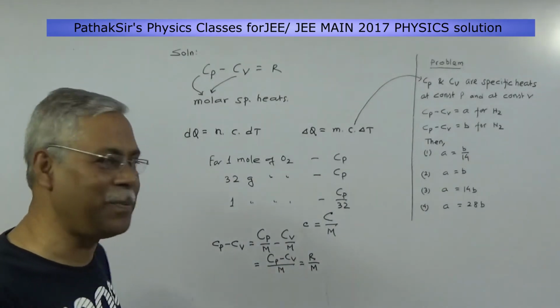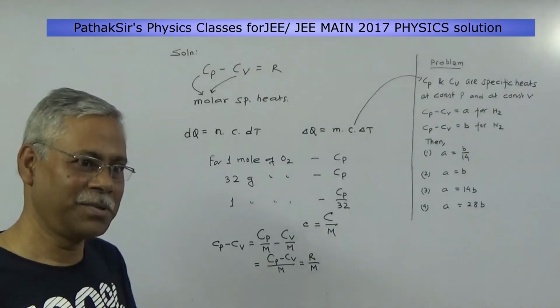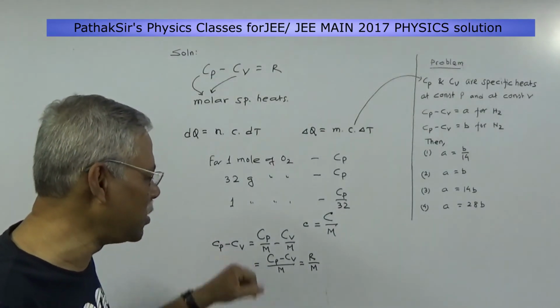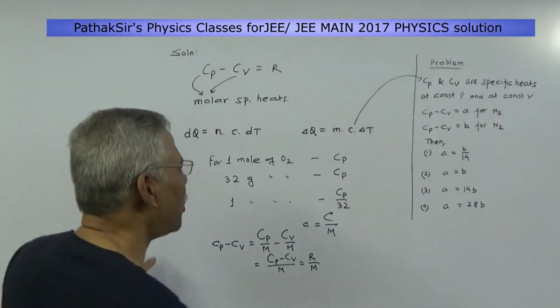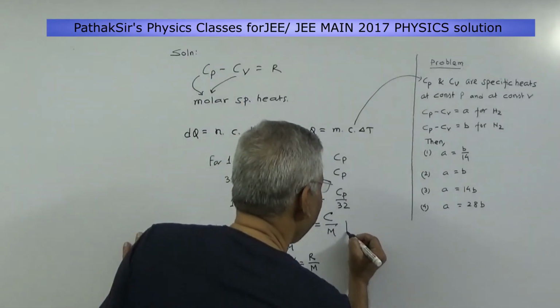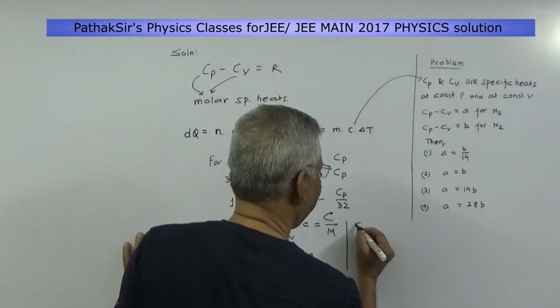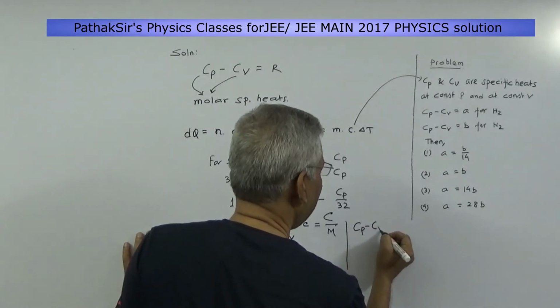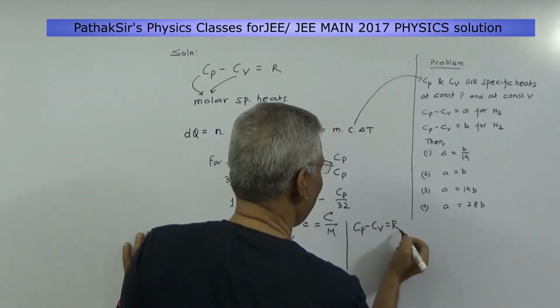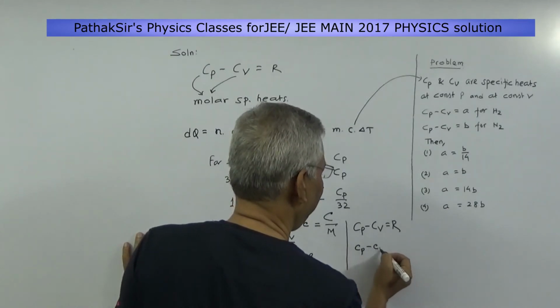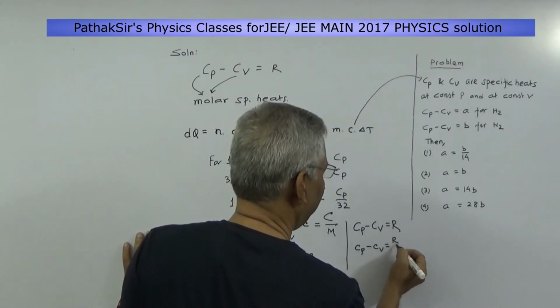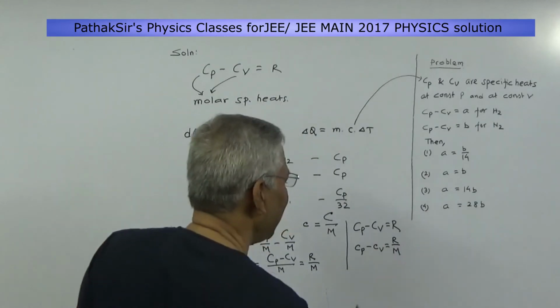Capital Cp minus capital Cv equal to R. Small Cp minus small Cv equal to R by m. Okay, so now I'll put this in a box. Cp minus Cv equal to R, small Cp minus small Cv equal to R by m.